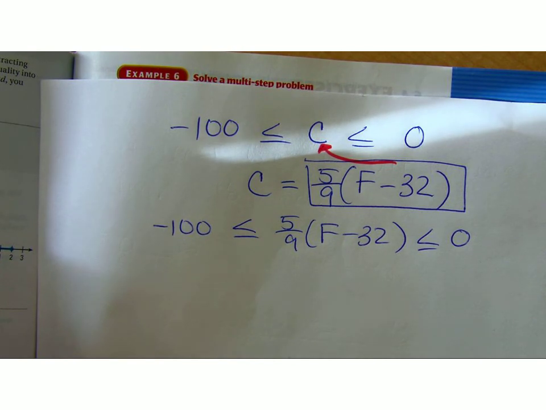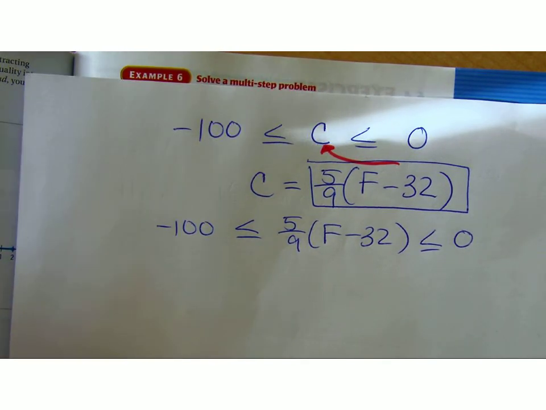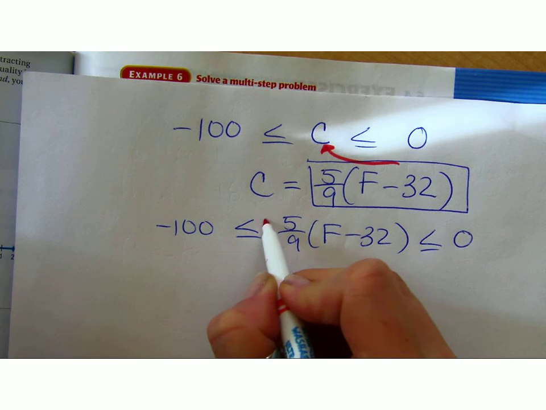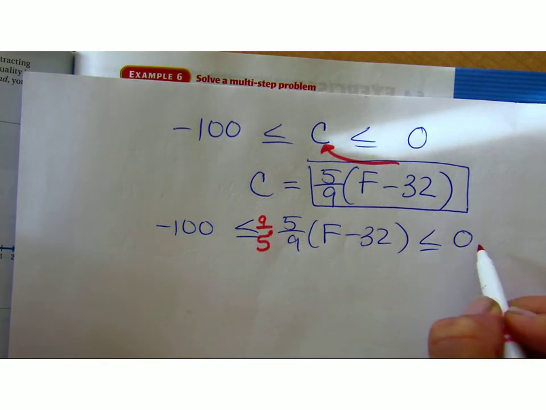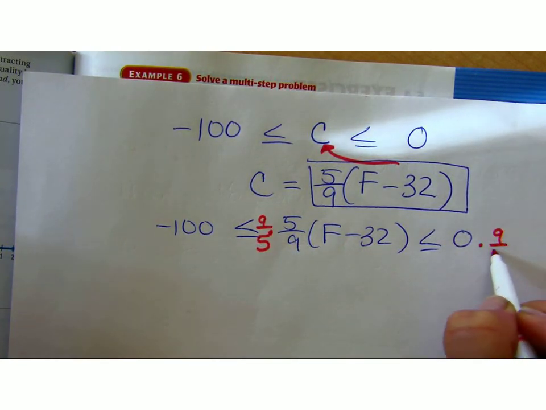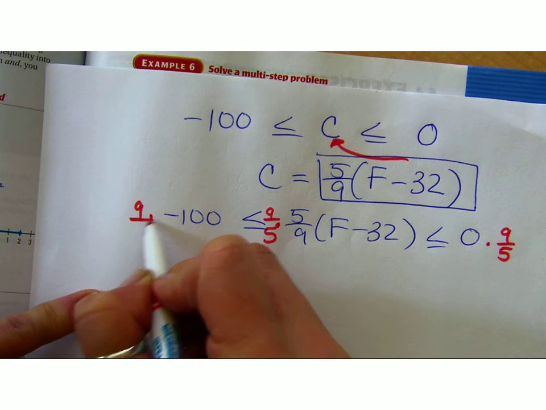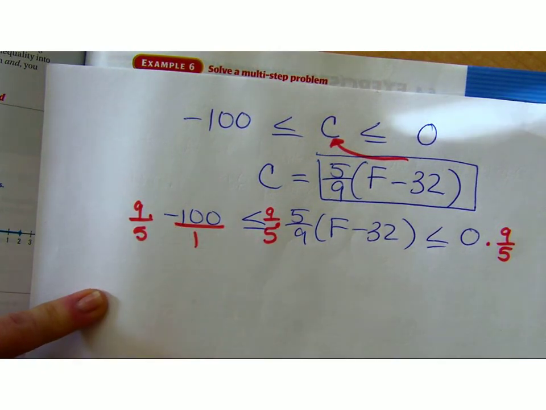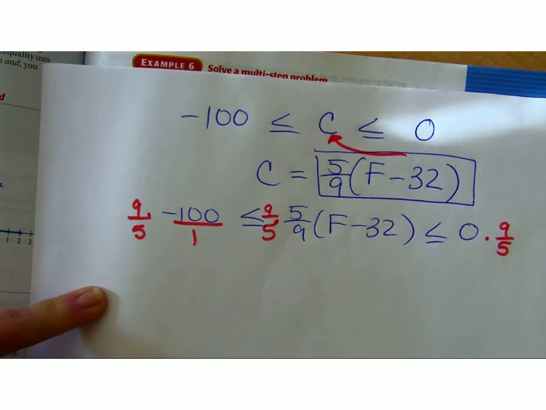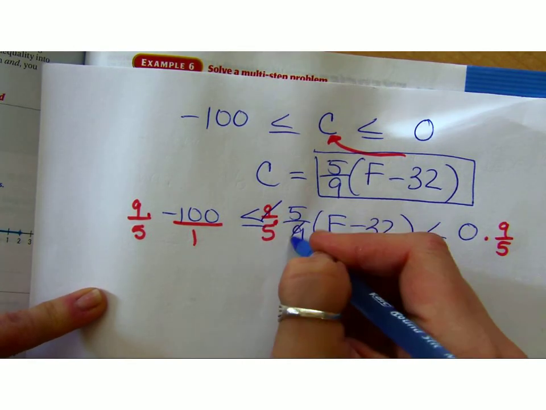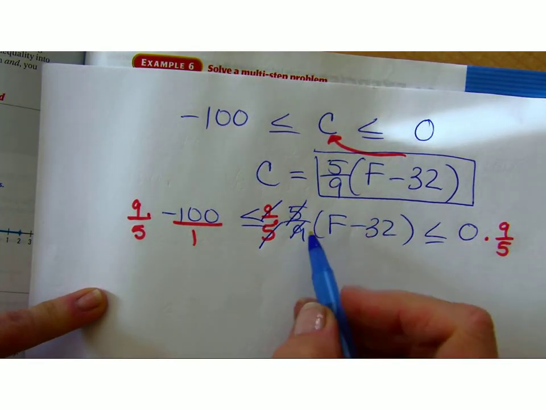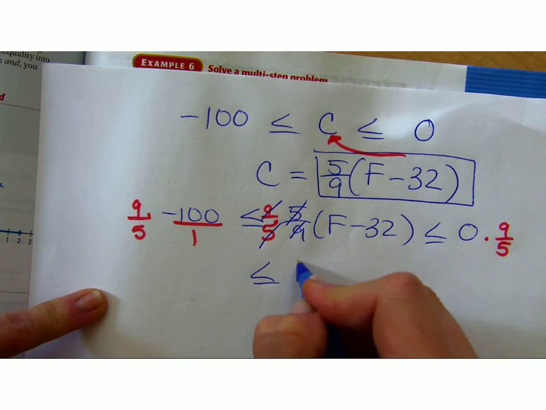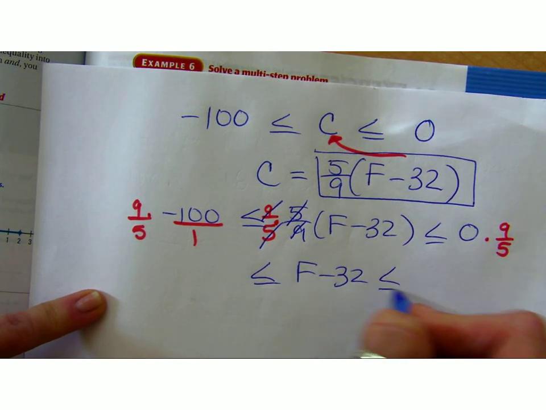Good, so let's multiply by the reciprocal, 9/5 here, 9/5 here, and 9/5 here. By doing that, I just canceled out the 9 and the 5, which is great, and saved me from having to distribute. 0 times anything is 0.